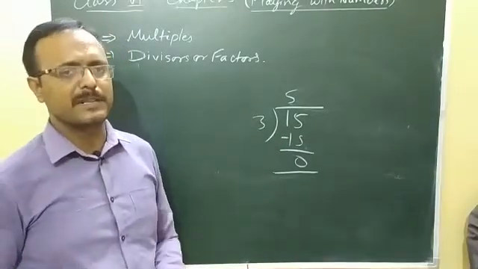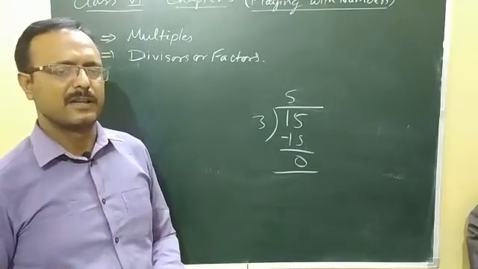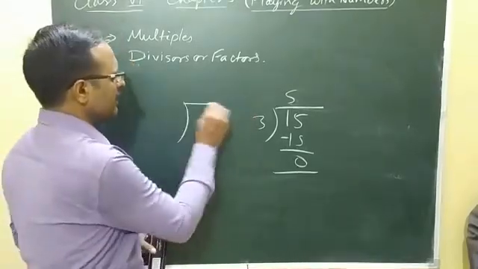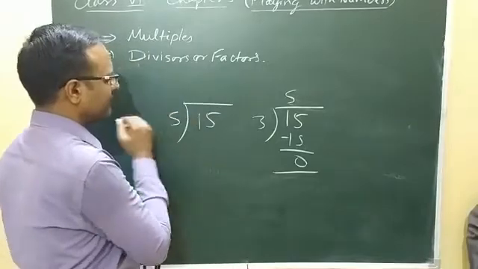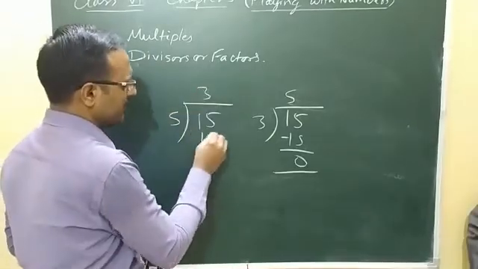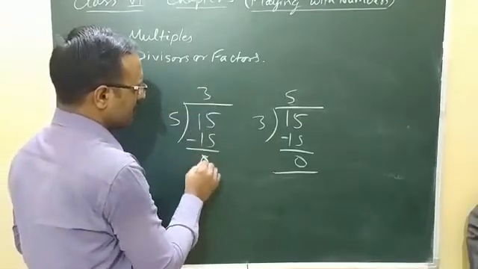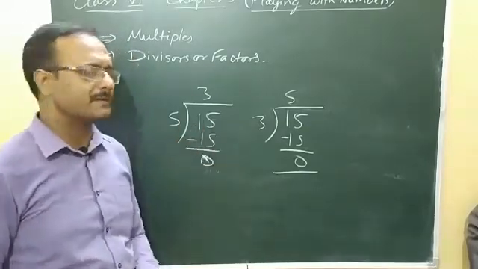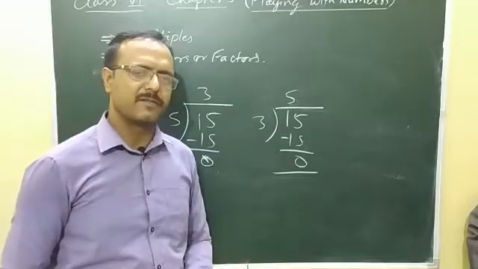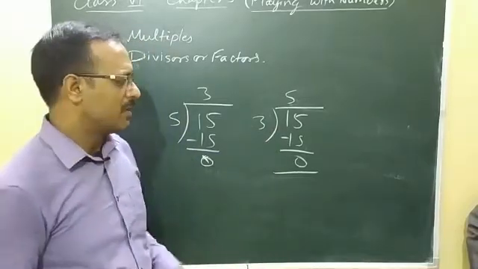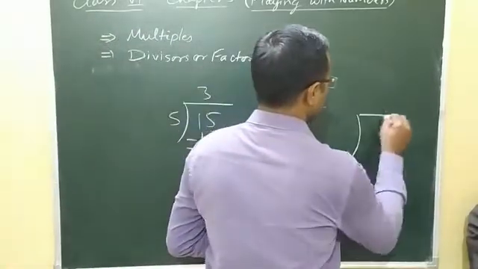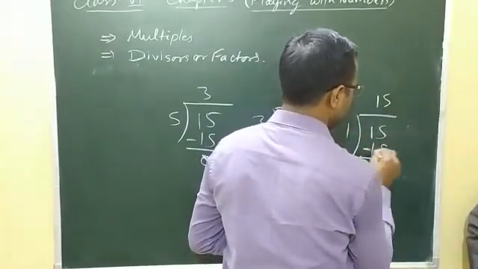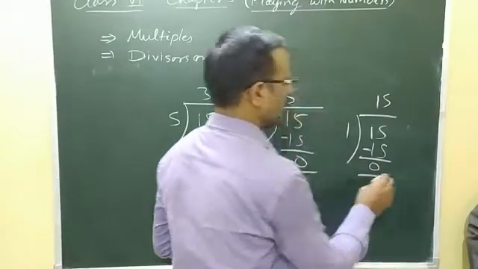So how will you obtain the divisors of 15? Is there only one divisor? You can see, if you divide 15 by 5, then 5 threes are 15, so again you are getting 0. So you can say 5 is also a divisor of 15, and 3 is also a divisor of 15. Similarly, if you divide 15 by 1, it goes 15 times and the remainder is again 0.